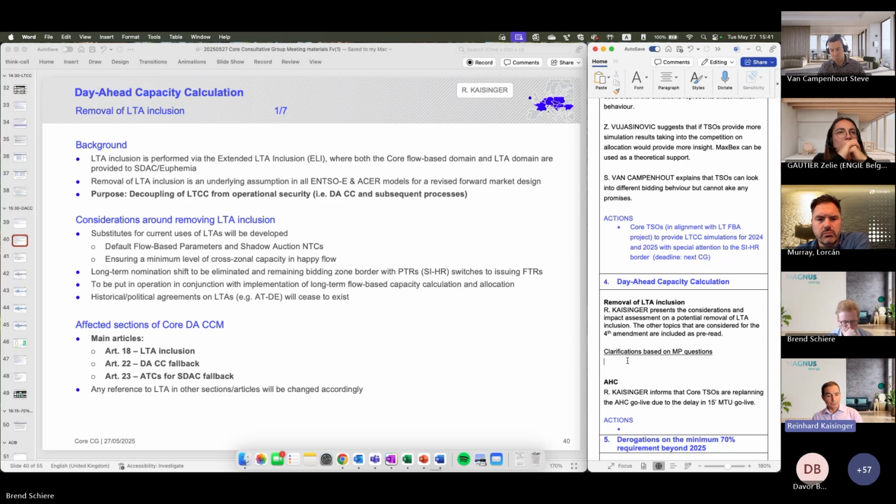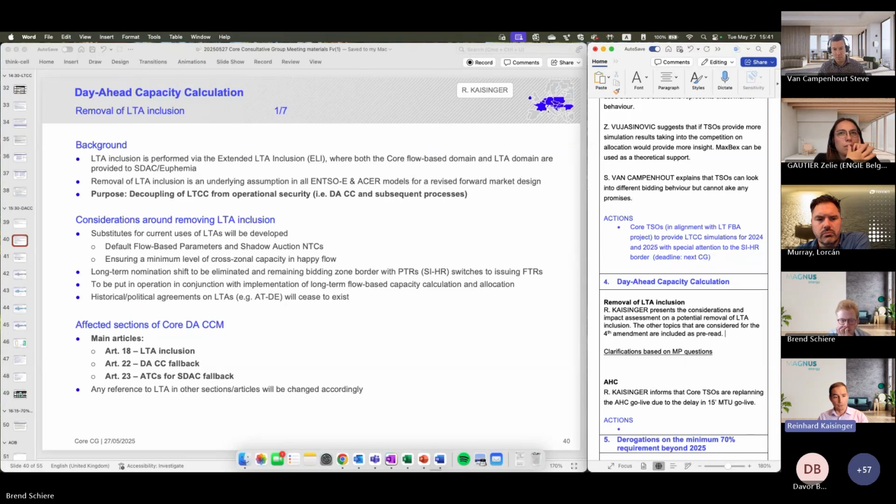The removal of LTA inclusion has been a fundamental assumption in the exchanges between ACER and ENTSO-E on the revised forward market design, with the keyword FCA 2.0. So there's also a driver coming from that direction.